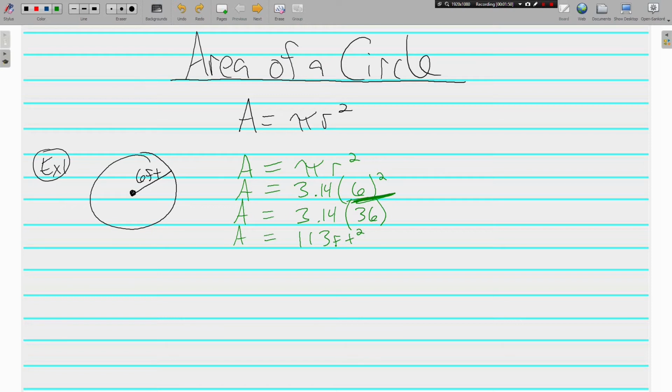Just like we did with circumference, we also need to be able to write our answer in terms of pi, which means for us, our radius squared was 36 times pi. So both of these answers are appropriate. Just depends on what you're being asked for. Let's do another.